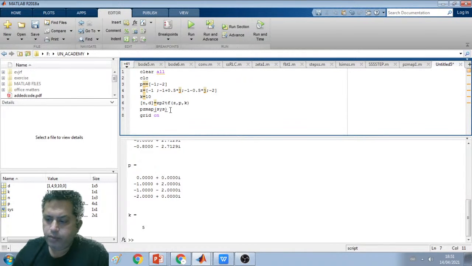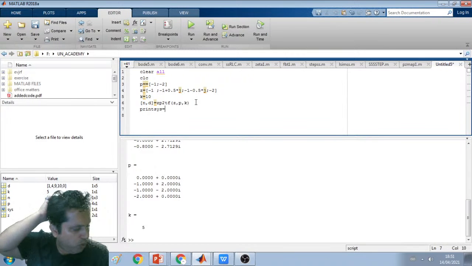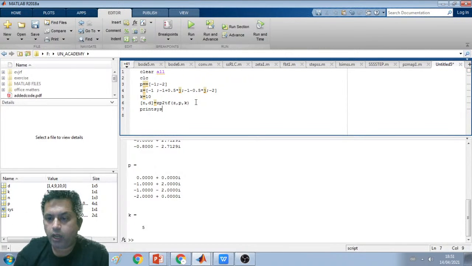Grid on. So we don't need any plot. So this is zpk. You can write print sys n comma d.